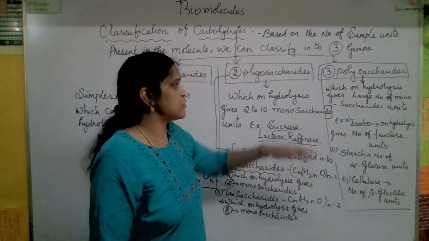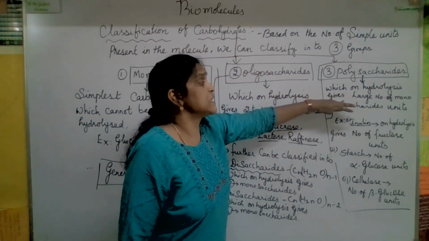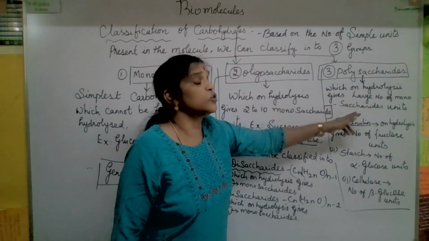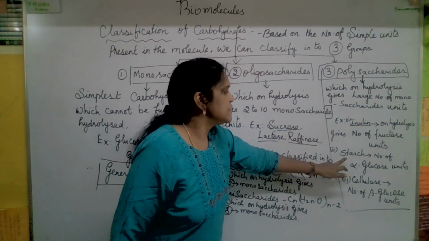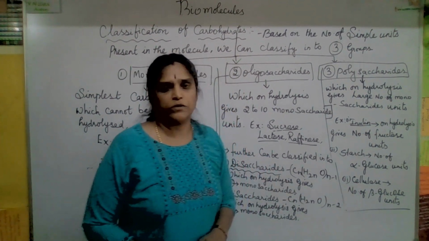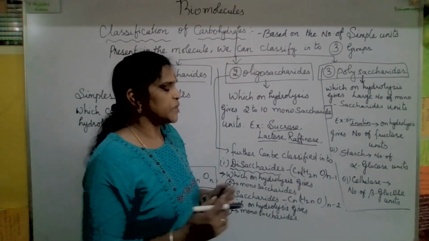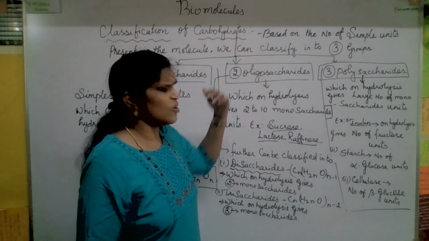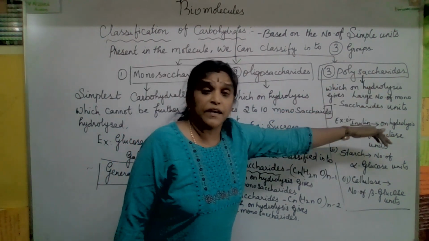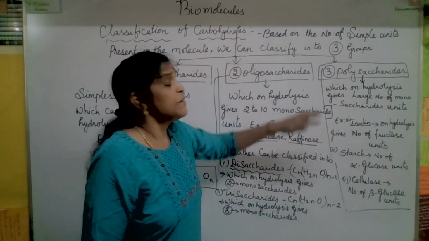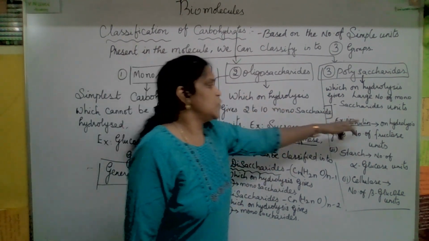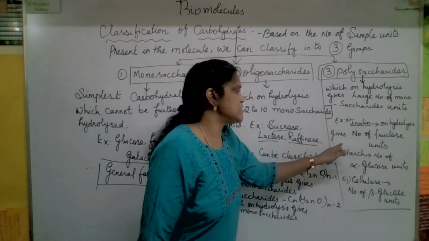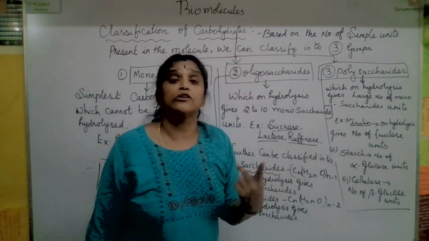Polysaccharides, on hydrolysis, give a large number of monosaccharide units. Examples are inulin, starch and cellulose. Inulin on hydrolysis gives a number of fructose units.